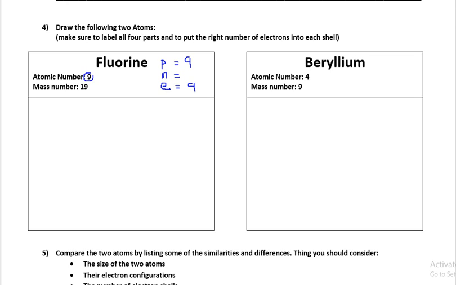And that's because the mass number is the total of protons and neutrons. So these two numbers have to add up to 19. And so the number of neutrons must be 10. Alright, so 19 take away 9, the big number take away the little number, is 10. Or you can look at it like this, these two numbers, 9 plus 10, add up to 19, the mass number. Alright, fantastic.